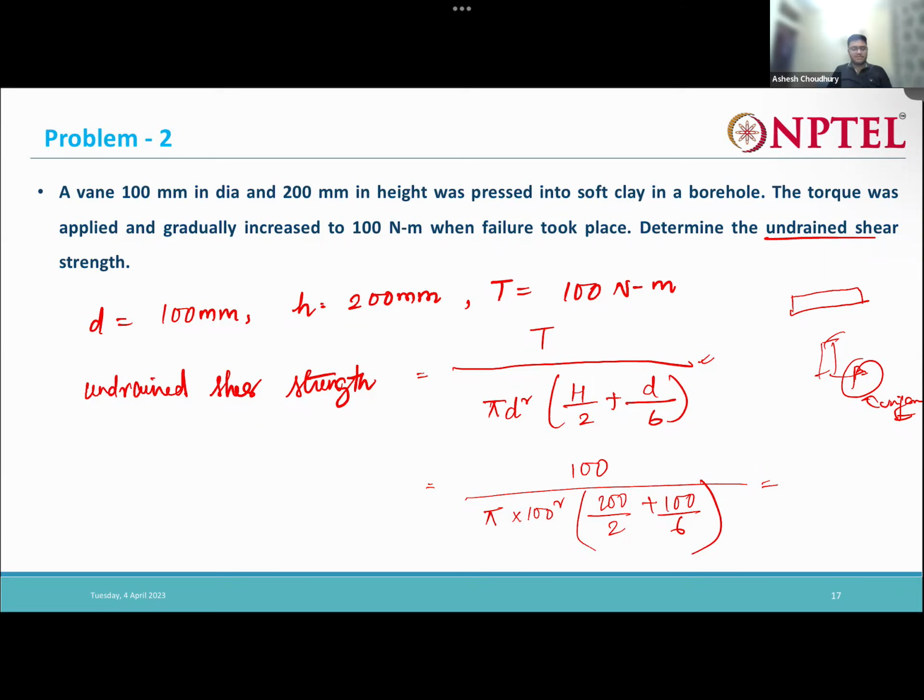So when it is very difficult to collect undisturbed sample, this vane shear test is very helpful to us. There are two kinds of vane shear test actually, laboratory and field. So at that time, we have to resort to our field vane shear test to determine the shear strength of the soil, because collection of that undisturbed soil sample is very difficult in those cases. So please calculate this one.